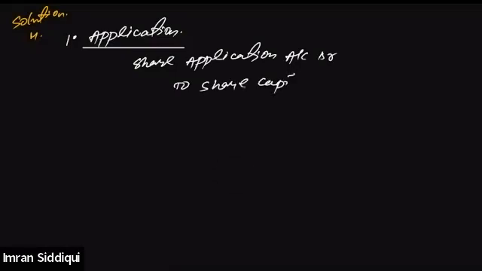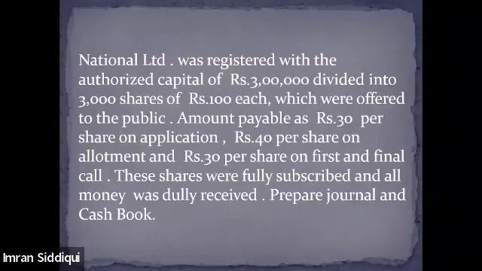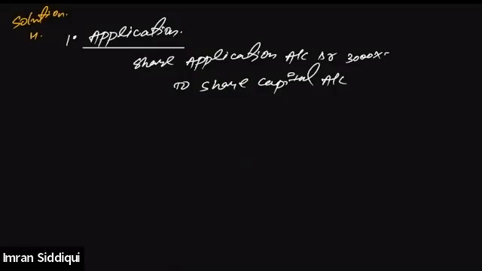Equity share application account debit to share capital account. Is that clear? And 3,000 shares were issued, and the amount of application is 30 each. So this will be 90,000, I guess. Yeah.